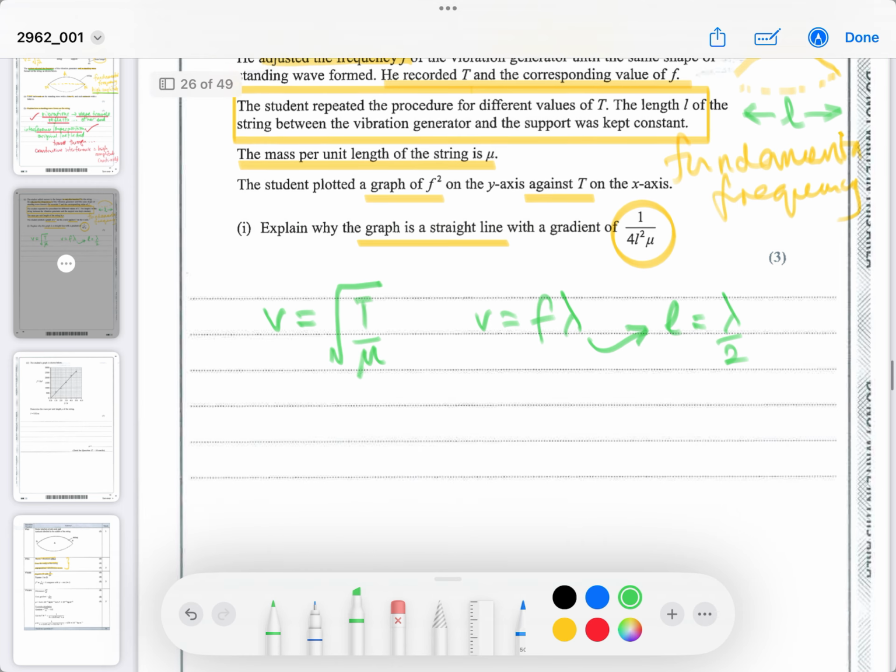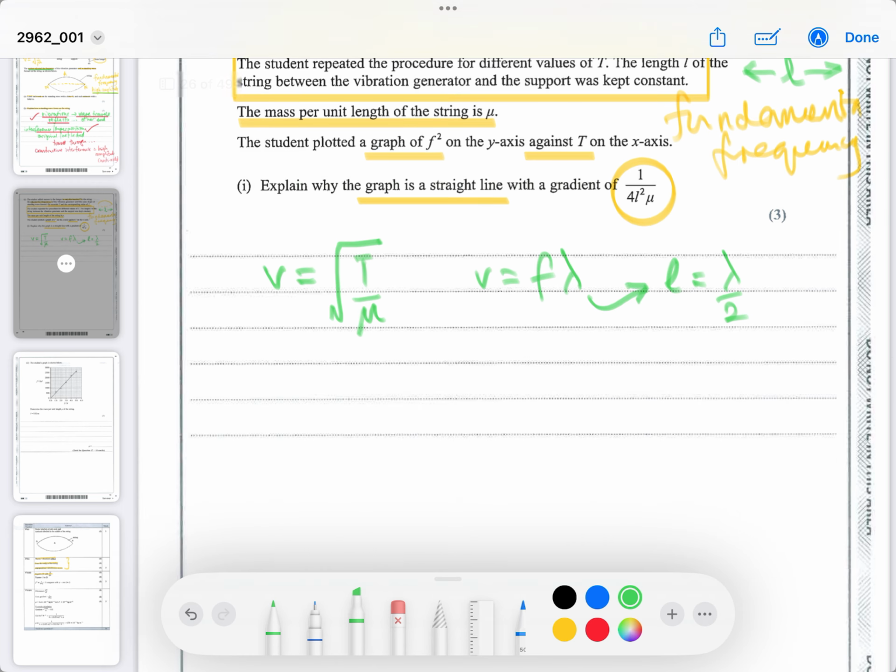So you can now substitute for V, make that F lambda equals the square root of T over mu. And for lambda, you can then say, well, F equals, because we want F on the y-axis, so we're going to put F as the subject of the equation, and then we're going to square it. So F, instead of lambda, I'm going to put 2L.